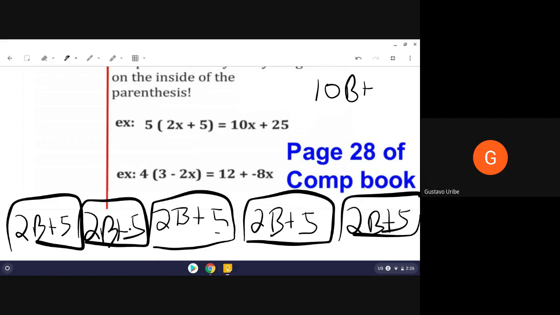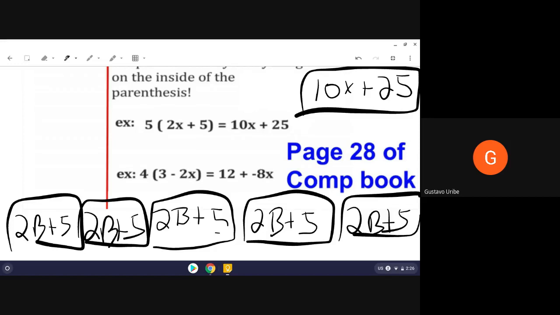I have 5, 10, 15, 20, 25. Well, this is the same thing as this problem, except we didn't have the variable b. We had an x. So 10x plus 25.